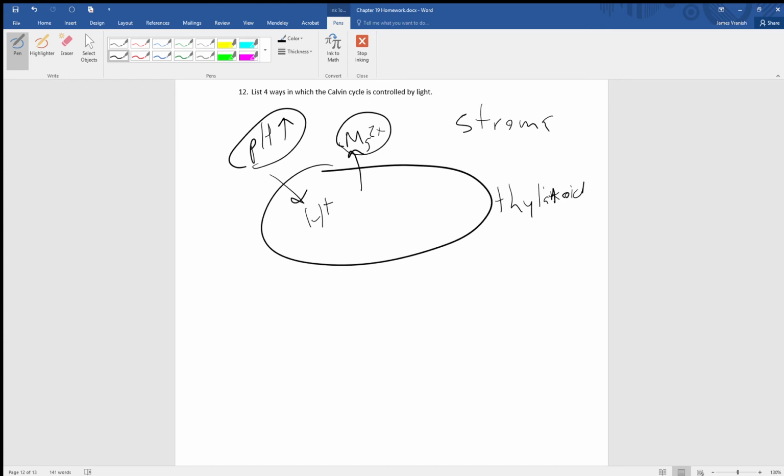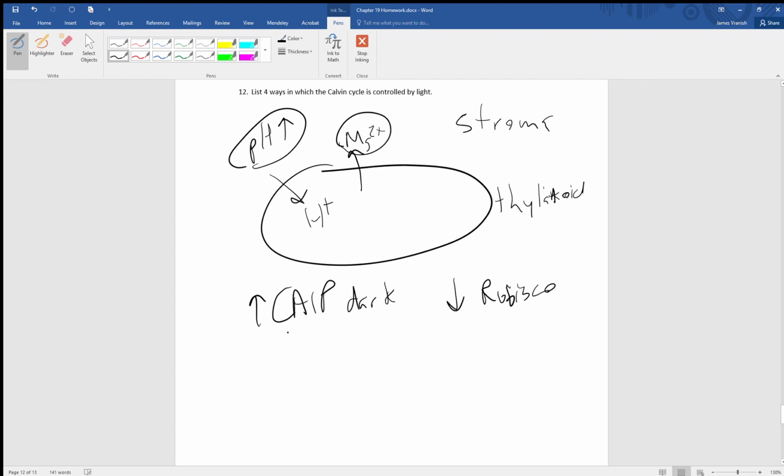Now, this is kind of a little side thing, but rubisco is inhibited by a compound called CA1P that's produced only in the dark. So when it's dark, there's lots of the CA1P, which is an inhibitor of rubisco activity.